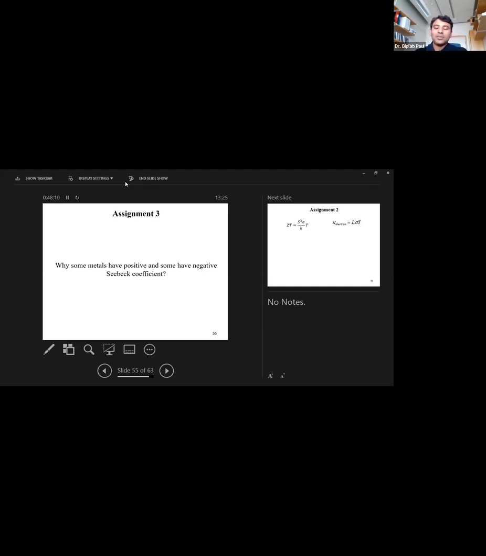Inorganic material is based on bands, while organic has a HOMO-LUMO type of structure. So what happens at the interface? The whole physics needs to be developed, yet to be discovered at the interface of organic and inorganic materials. We need new kinds of theoretical development, new kinds of physics to understand. So a new area is left, or a new type of mechanism is yet to be discovered to navigate through interdisciplinary materials.